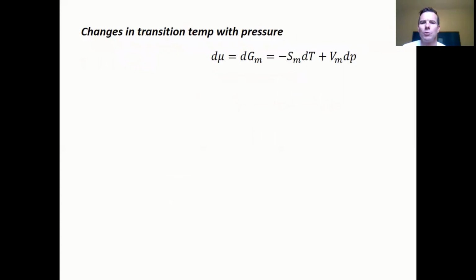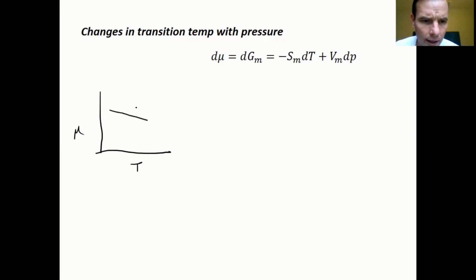Here's another example, and this one's a little bit harder: changes in transition temperature with pressure. So I'm going to make another plot like I had just done, chemical potential versus temperature. Here's a solid, here's a liquid.